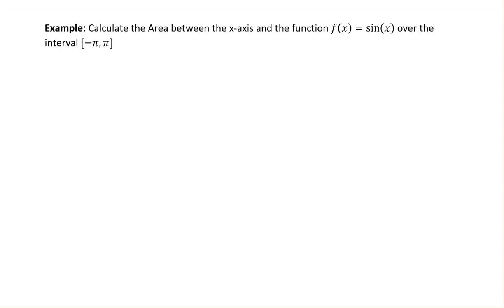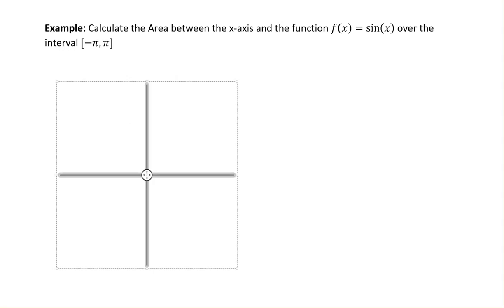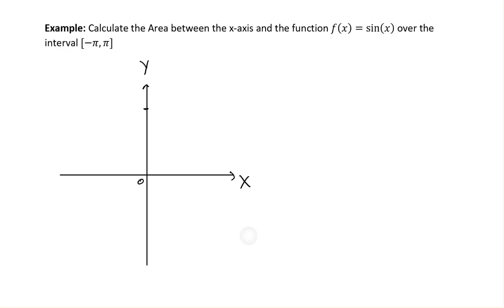So if we try to draw the graph of sine x, this is my coordinate system. I have my x-axis on this side, y-axis on this side, and then let's say this is 0, 1, -1, and then we can try to draw a sine curve.